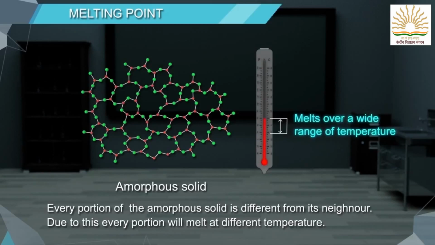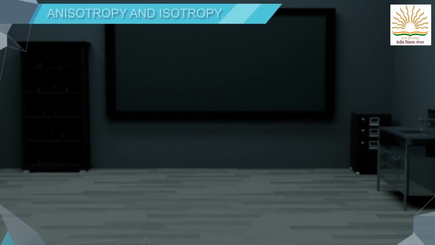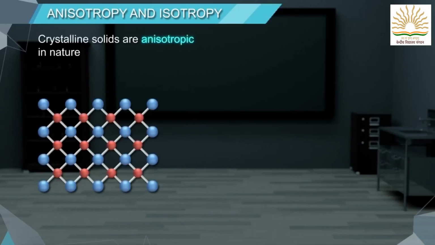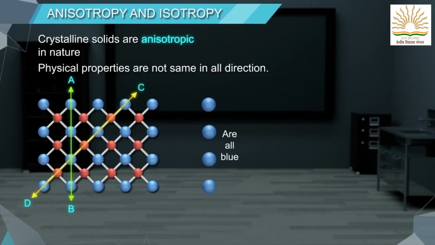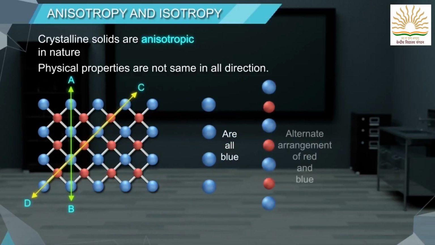The second difference is in anisotropy. Crystalline solids are anisotropic in nature. It means that physical properties are not same in all directions. If we consider this particular direction, the particles are all blue. If we consider this direction, we have alternate arrangement of red and blue.